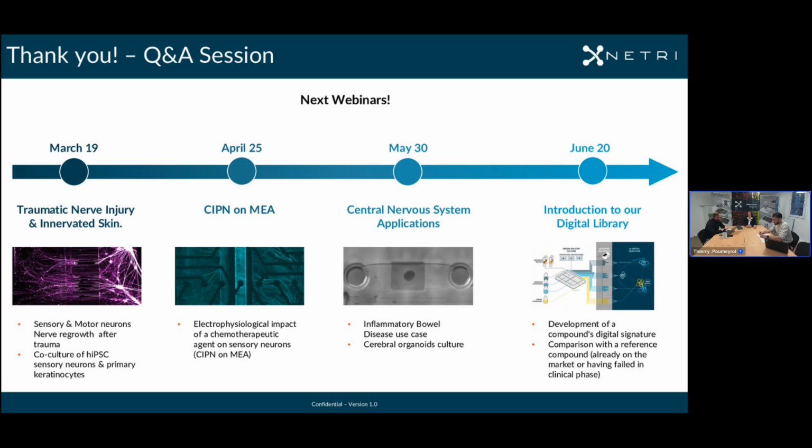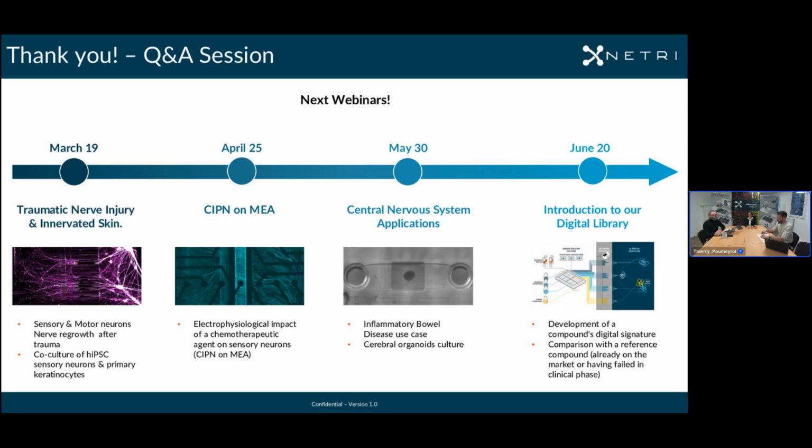Fair. Last question: what specific endpoints or readouts do you prioritize in your organ-on-chip experiments to assess development and progression of neuropathy or to model clinical readouts? I think it's linked with the previous question and answer. It's really the modulation of the electrical activity across time.